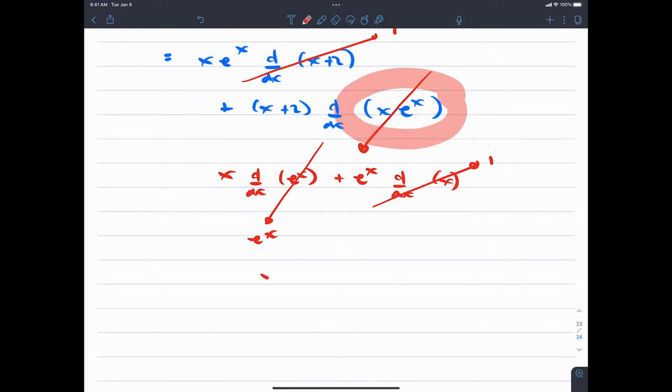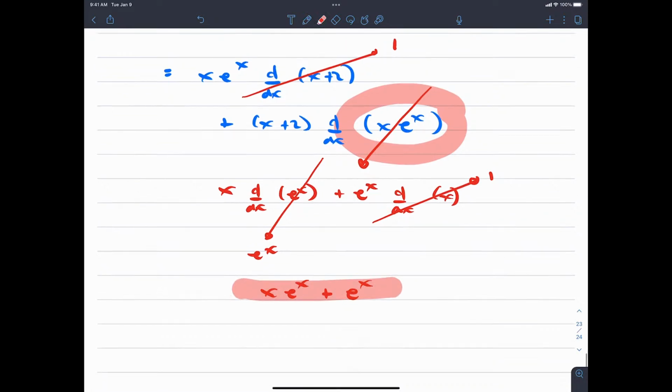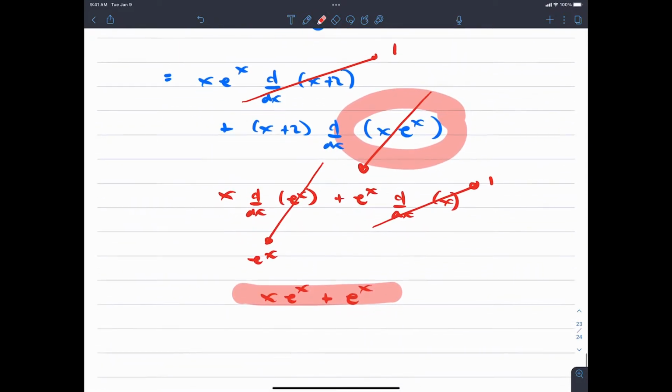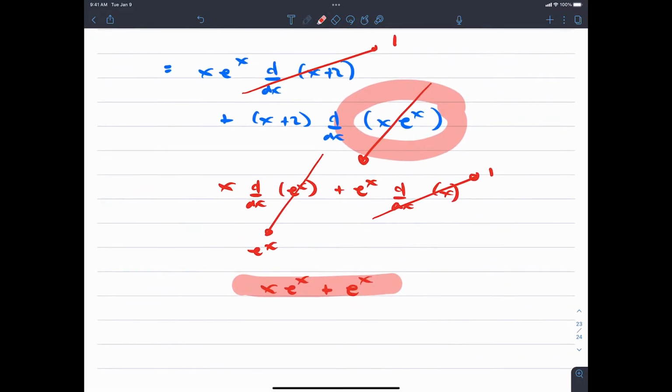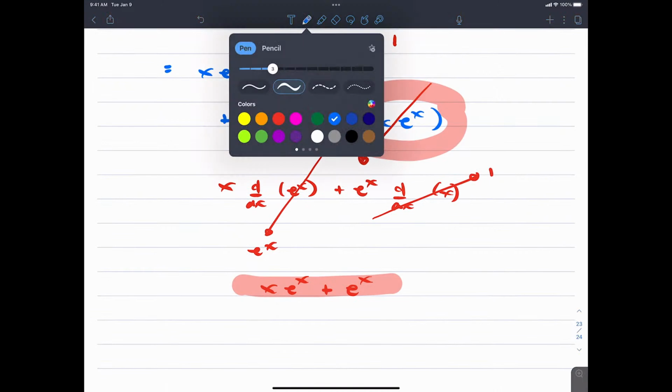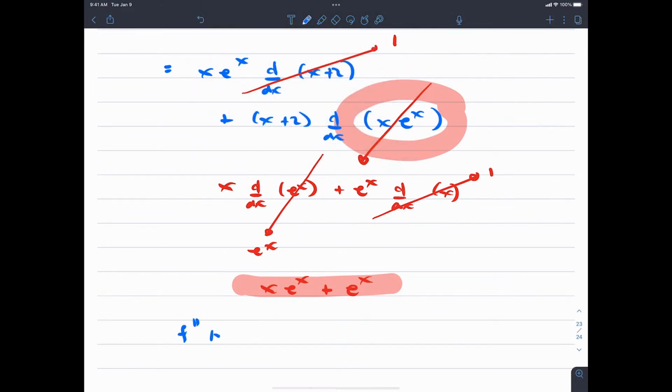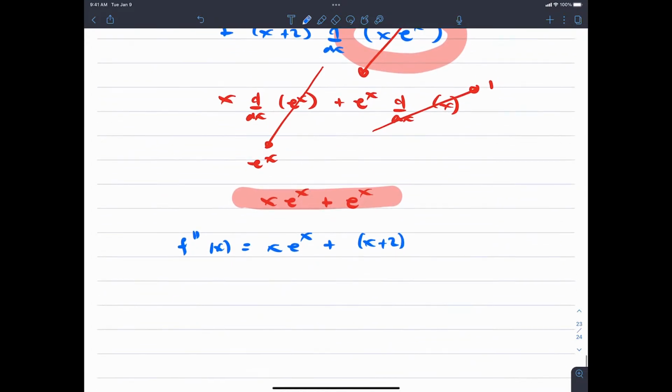That's going to be x e to the x plus e to the x. Double check, ladies and gentlemen. So let's write down that second derivative now. X e to the x plus 2 times x e to the x plus that e to the x.